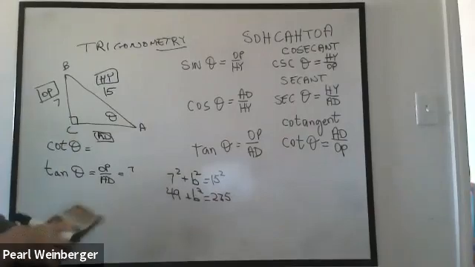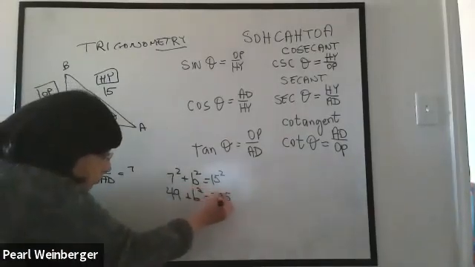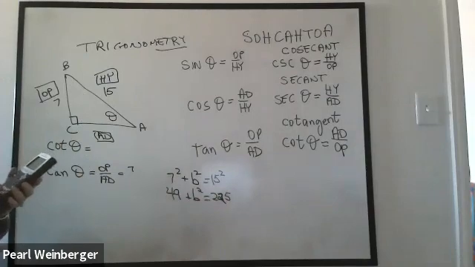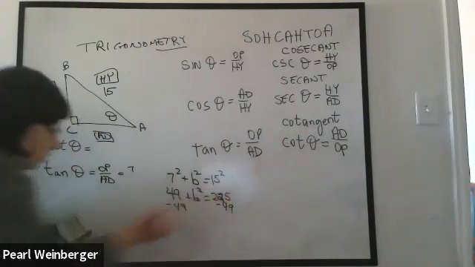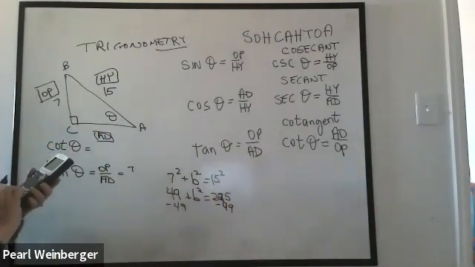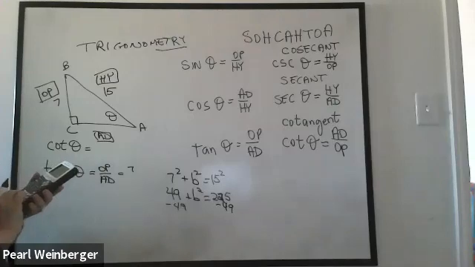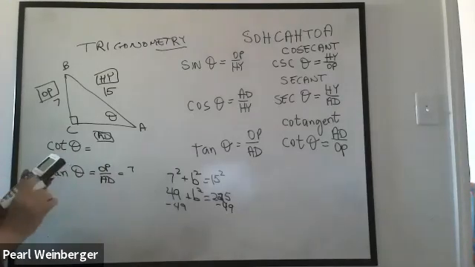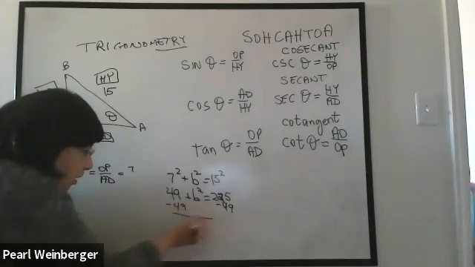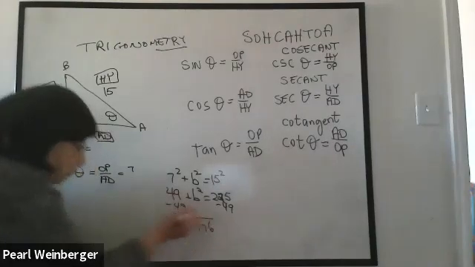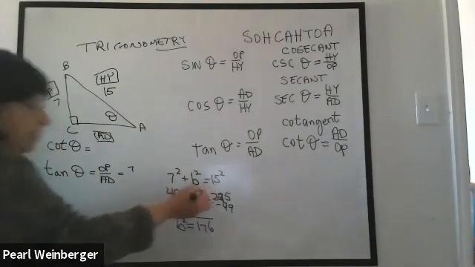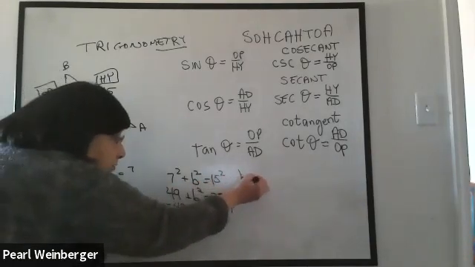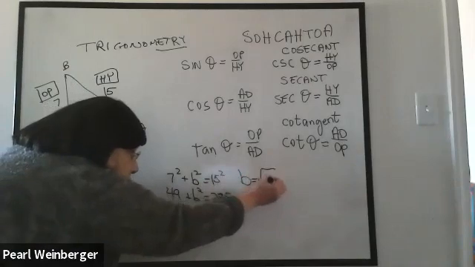And then I have to subtract 49 from both sides. So we get 225 minus 49, which is 176. So that means that the b has to be the square root of 176.